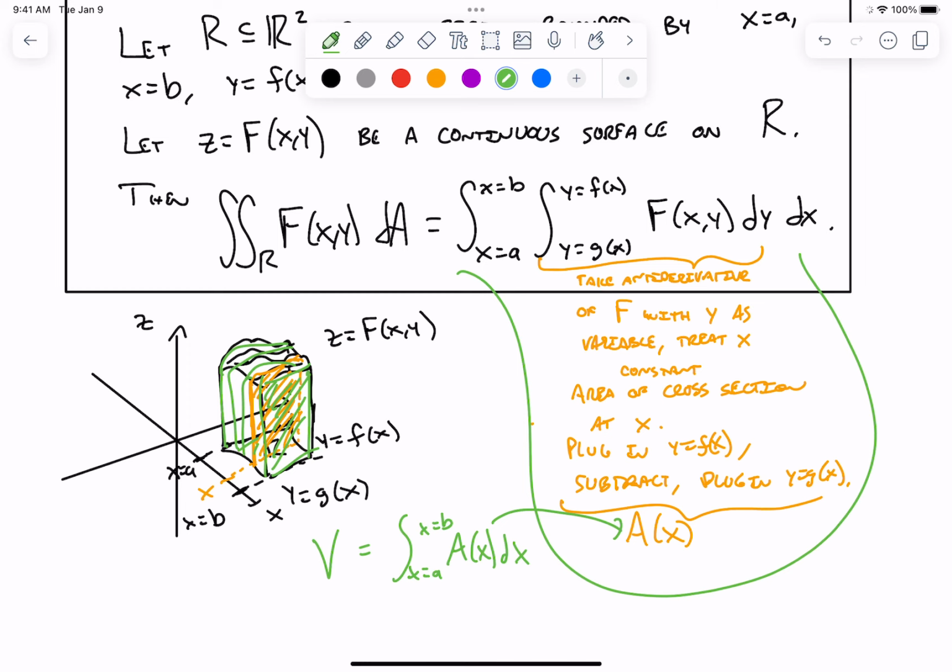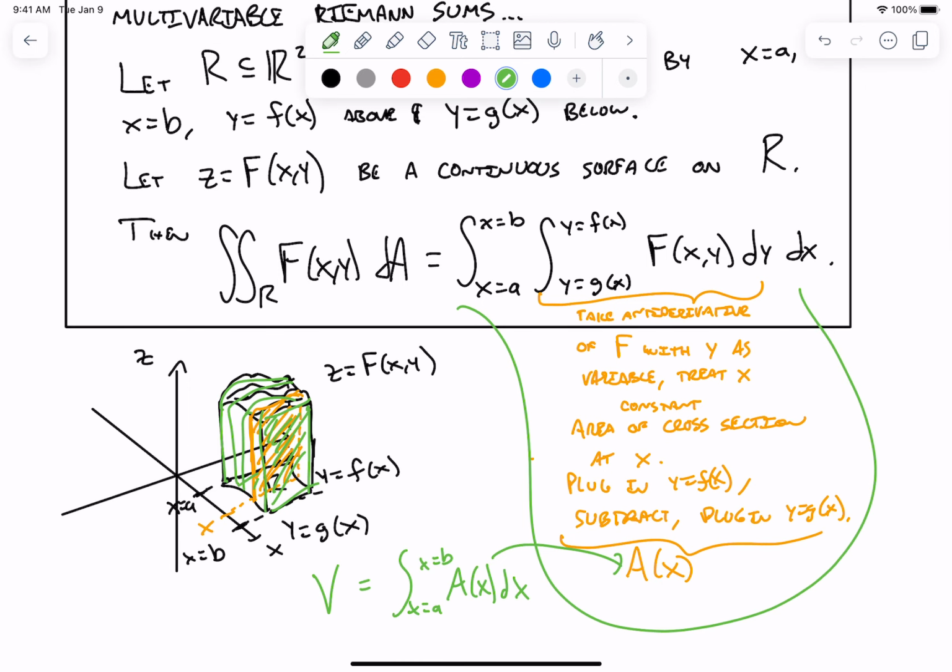So this is an explanation of how Fubini's theorem works. Let's see it in an example.